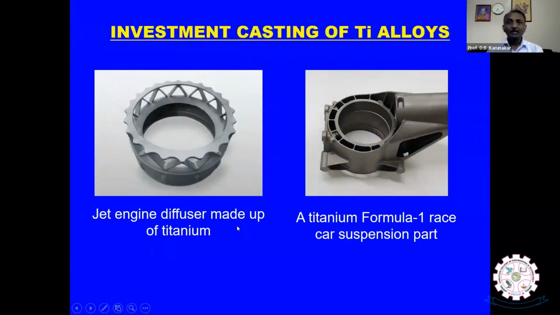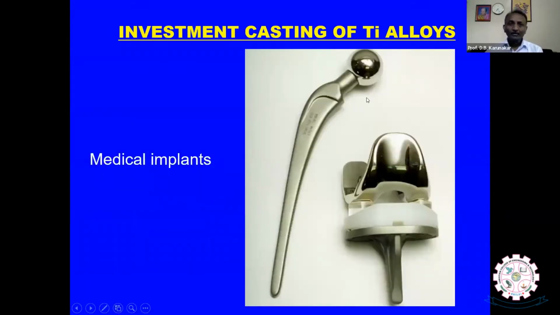Investment casting of titanium alloys. So this is an emerging field. Nowadays, more focus is being given all over the world to manufacturing titanium alloy components. These are used in jet engines and also in medical implants. You see, these are the medical implants, surgical implants. The specialty of the titanium alloy is that it is accepted by the human body.